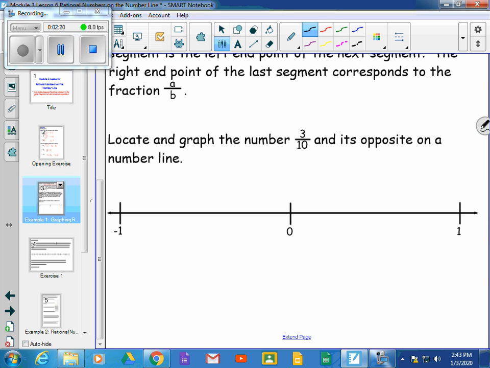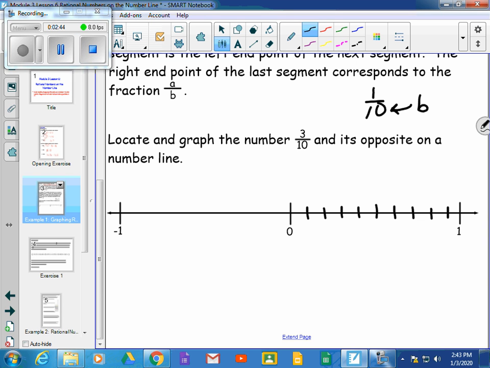If I wanted to first find where 1/10 would be, we're going to say that 10th would be like that b that they mentioned. That tells us we're going to divide the space between 0 and 1 into 10 equal spaces. So to do that, I would go like this.